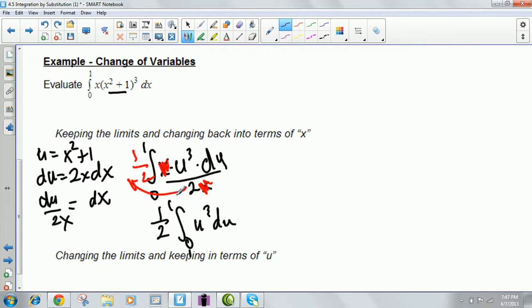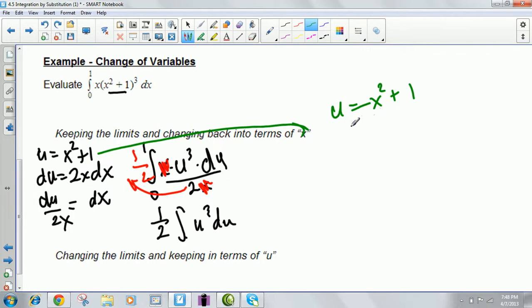Now, you notice it's in terms of u. That means these limits need to change. If I'm going to keep it in terms of u, even after I integrate, and those are the values I'm going to plug in, upper minus lower, I need to change them. So what I do is I do this in green. If u is x squared plus 1, right now the 0 and 1 are in terms of x.